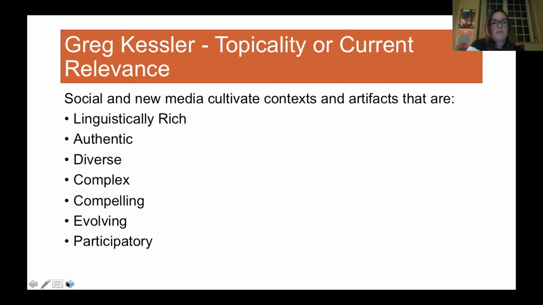So within that participatory culture, we have social media and new media, and Greg introduced us to how that can cultivate contexts and artifacts that have a lot of benefits. They're linguistically rich because they're being created by so many different people. They are authentic because they're real world. They are diverse. They are complex.